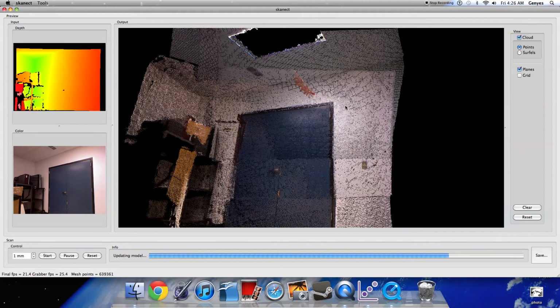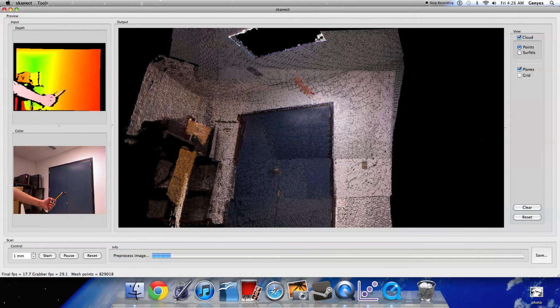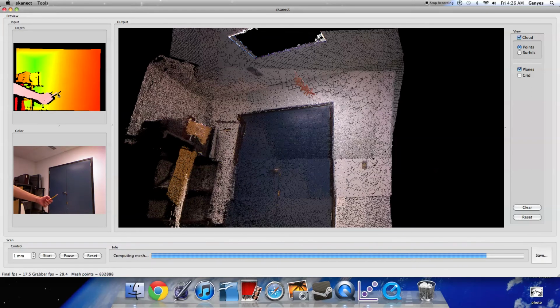Doesn't look very good. Last problem out of the many problems it has, see how there's this shiny part of the pencil right here? If we move it back enough so it's in distance, it has proximity issues. If you get too close, it won't notice it. If you move it back far enough, you can see that it doesn't really get this part where the shiny part is.